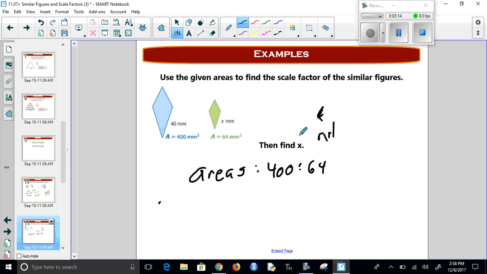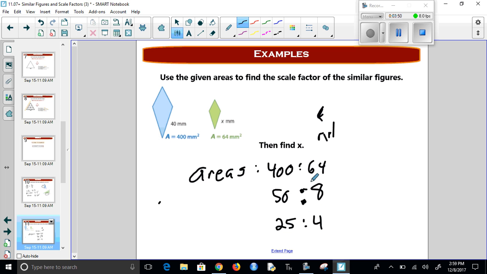I don't think that can divide evenly, so we got to think about something that can divide evenly into both those. I know 8 can divide into both those. 64 divided by 8 is 8, 400 divided by 8 is just going to be 50. Yeah, 50. All right, so now I can take those back down 2 more, so 25 to 4.